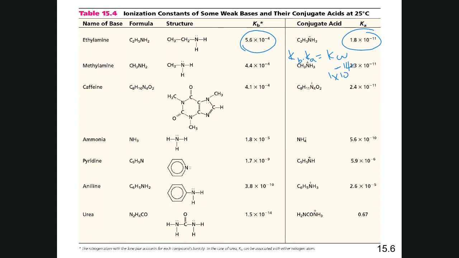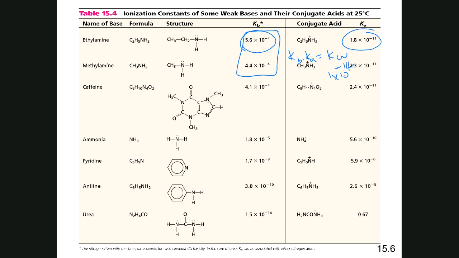Which one is a stronger base, ethylamine or methylamine? Ethylamine is a stronger base because the value for Kb is higher.